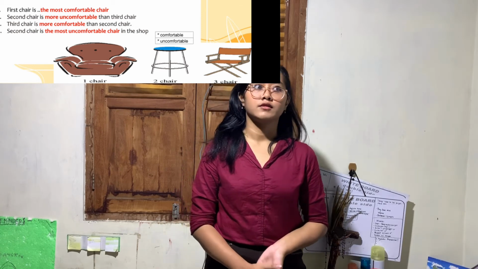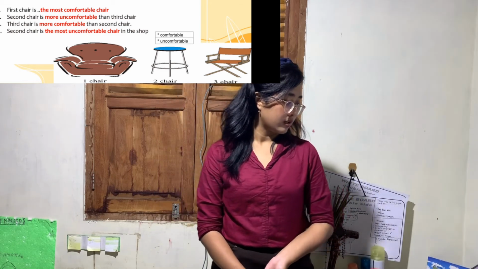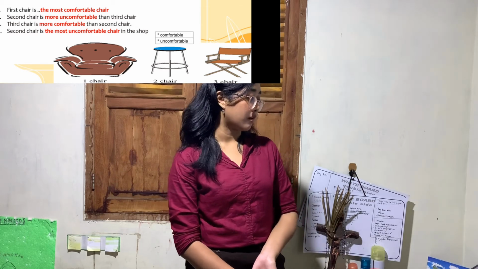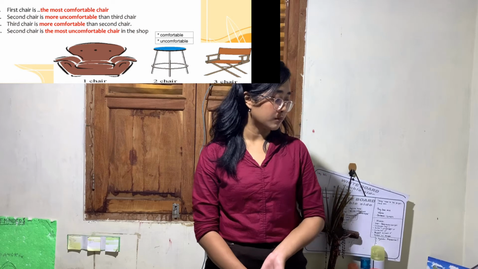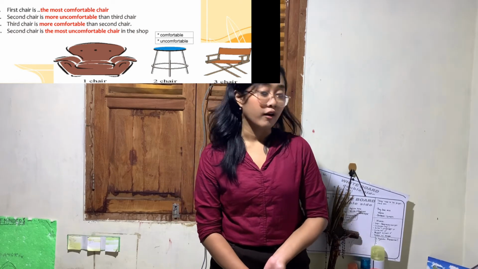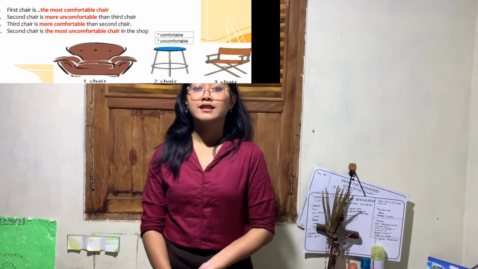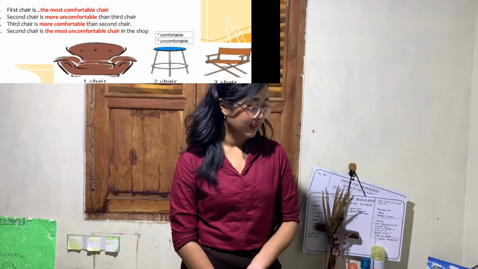We cannot lay down on the chair. So the third chair is more comfortable. And then the last number, second chair is the most uncomfortable chair in the shop. Why? Because compared to the others, the second chair is very uncomfortable. Yes. Okay.